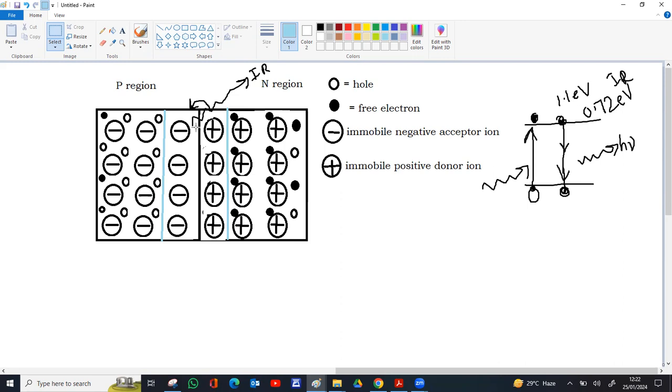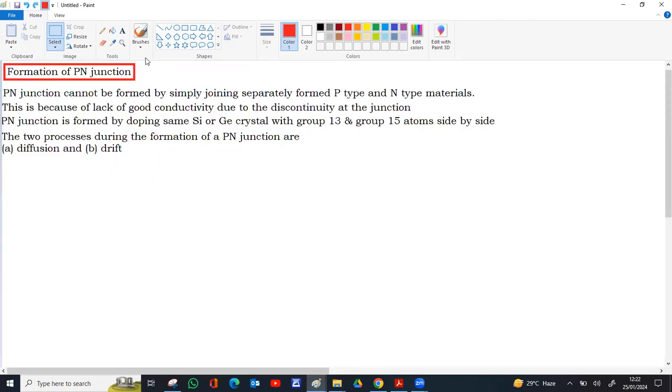So due to the electric field, the charge carriers get accelerated across the junction. Electrons move towards the N side from the P side, and holes move towards the P region from the N side. That's called drift. So these are the two important processes during the formation of the PN junction.